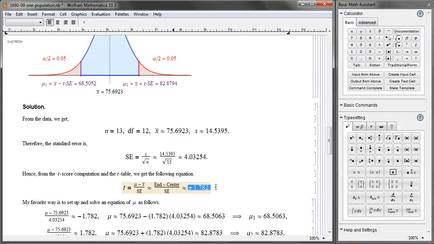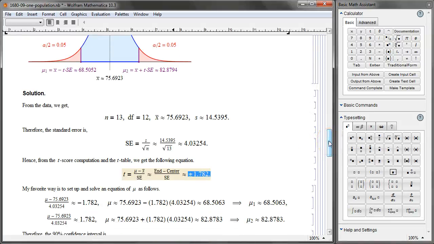In a z-table we do the same thing, plus or minus the z-score. Here it is plus or minus that t-score. That's it. End minus center over standard error, where the center is 75.6923 and the standard error is 4.03 something, set equal to negative 1.782 or positive 1.782.